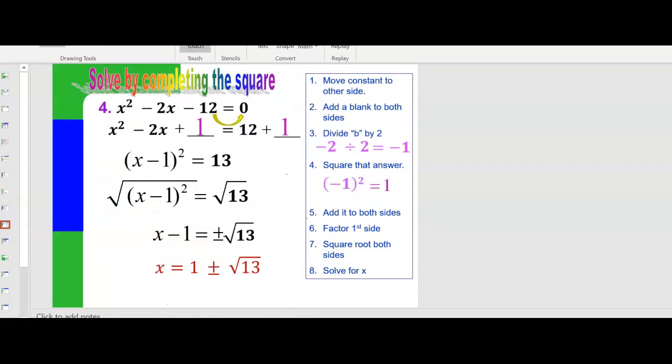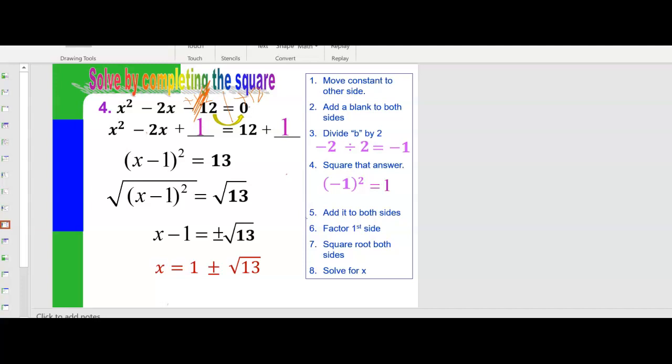So for the next example, first step, get rid of the single number on the back by adding 12. Do the same on the other side, because this is gone. And you have x squared minus 2x blank equals 0 plus 12 is 12. Okay?